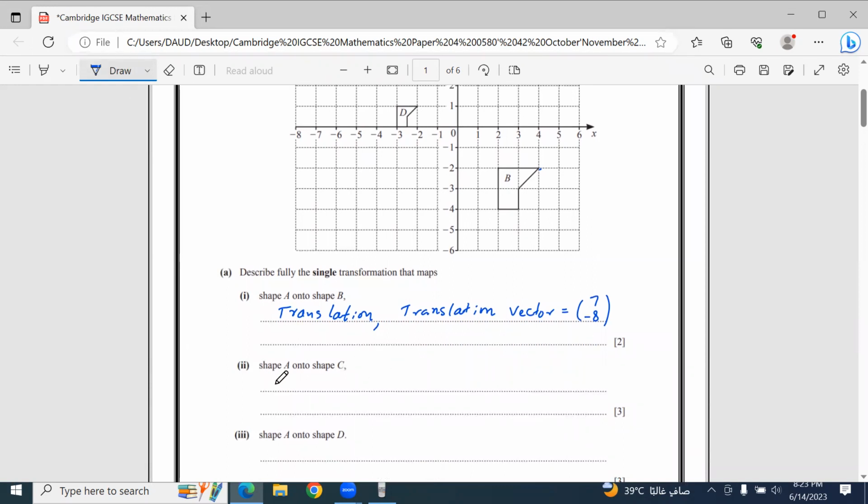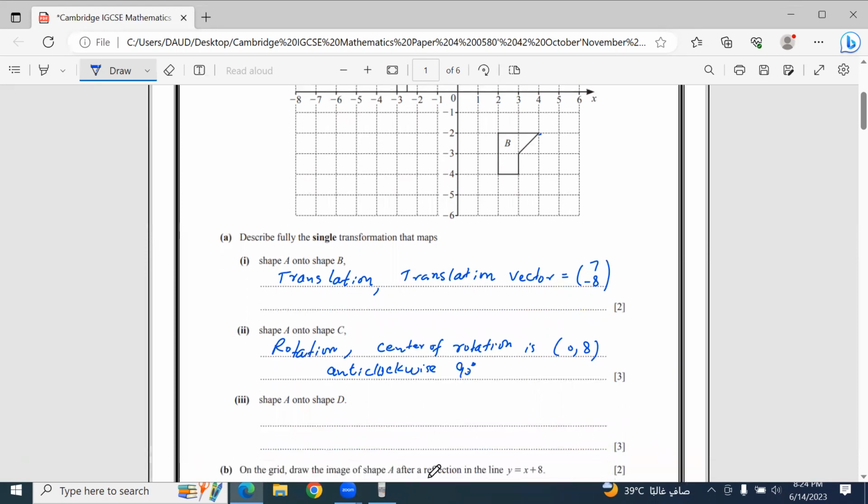Shape A to shape C: rotation, and center of rotation is (0, 8), and it is anti-clockwise 90°. So three things you have to write. That's why there are 3 marks. I hope you get it.